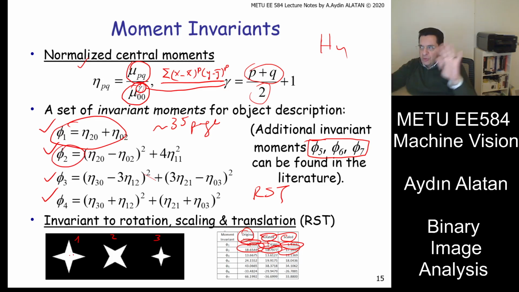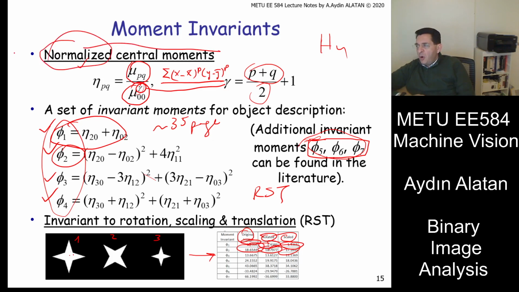Theoretically, if it is a continuous image, they are exactly equal, but because of discretization effects, they look slightly different. But the interesting thing is, from a silhouette, whatever the orientation, position, or scale, if you calculate these moment invariants, which are based on normalized central moments, they will give you beautifully exactly the same number, independent of scale, rotation, and translation.